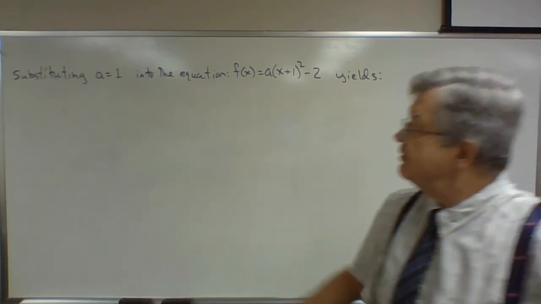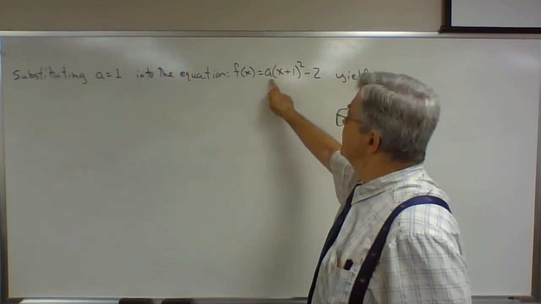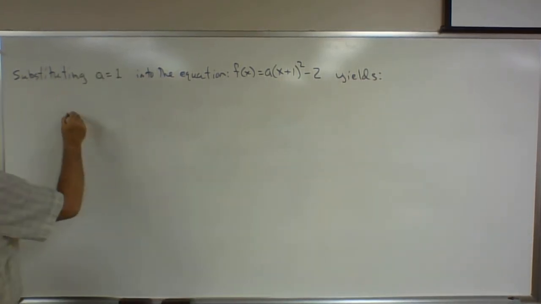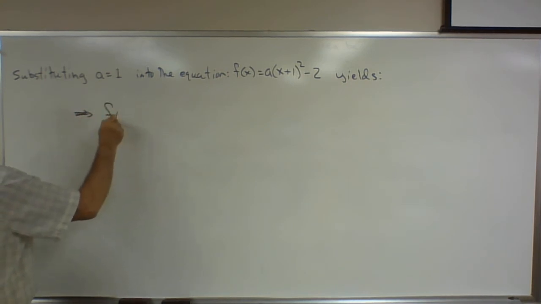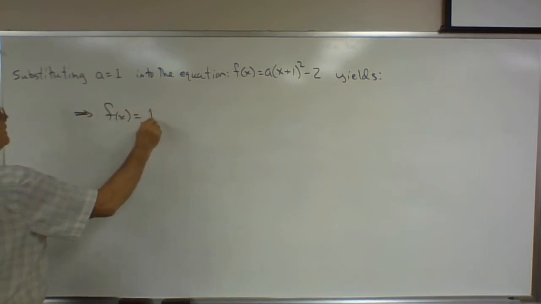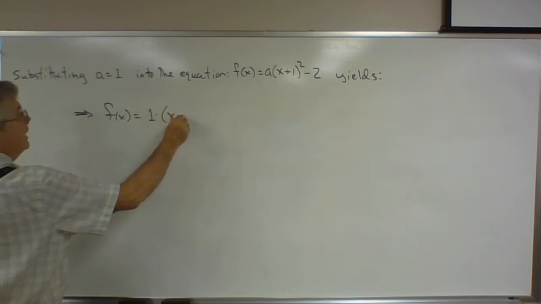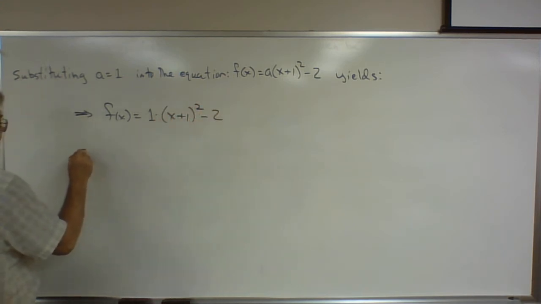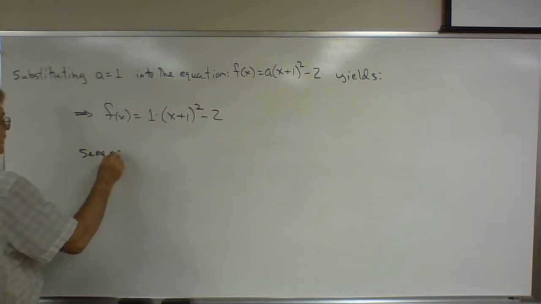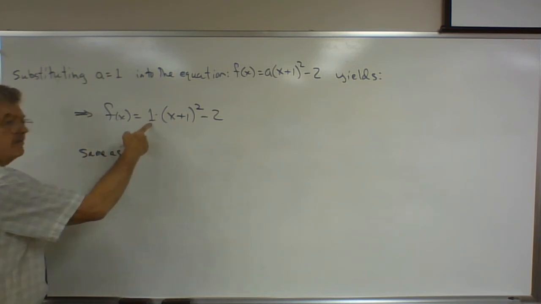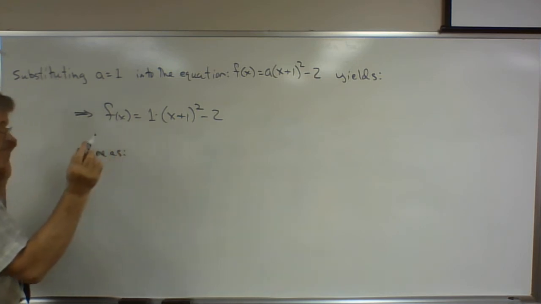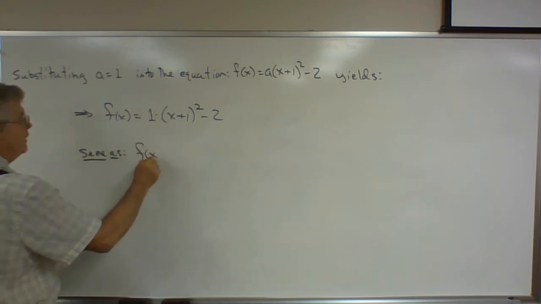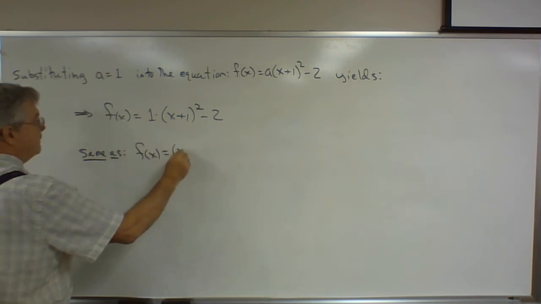And when we substitute a equals 1 into this definition for f of x, here's what we get. f of x equals 1 times (x plus 1) squared minus 2. But usually when we have a factor of 1, we don't mention it explicitly. So here's how we're going to write it.